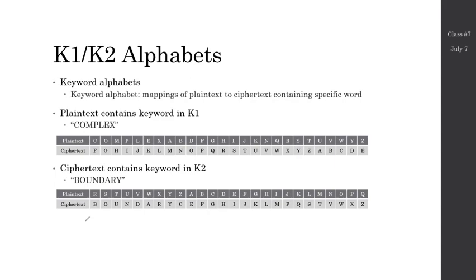You can think of this as taking the regular alphabets in alphabetical order, moving the letters of the keyword to the start, and shifting everything down accordingly. So that is the K1 and K2 alphabets.